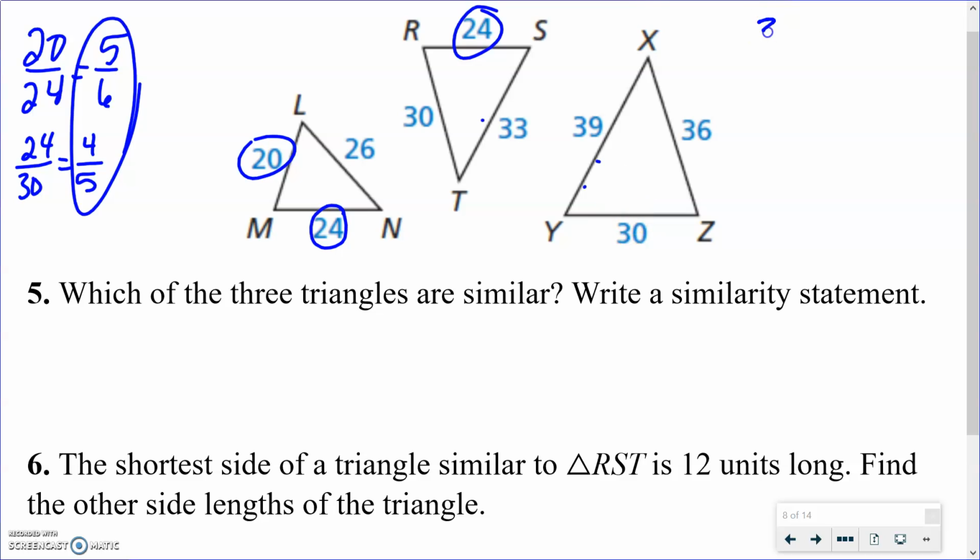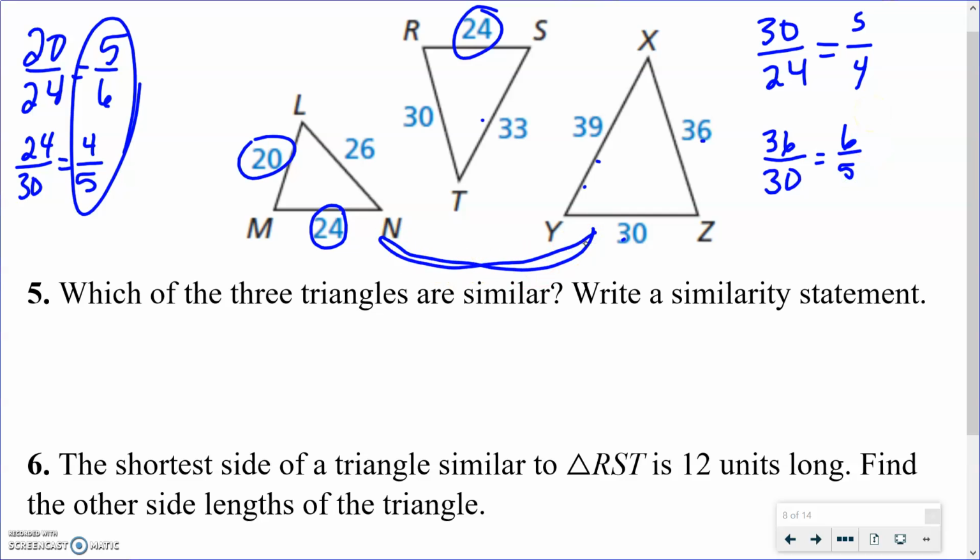The shortest side on the big one is 30 over 24 on RST, and that's divisible by 6, so 5/4. Next one is 36 over 30, also divisible by 6, so 6/5. Okay, so it's not those two. Let's try these last two and see what we can come up with.